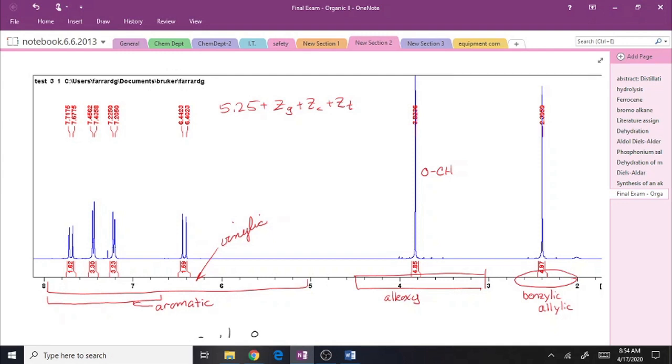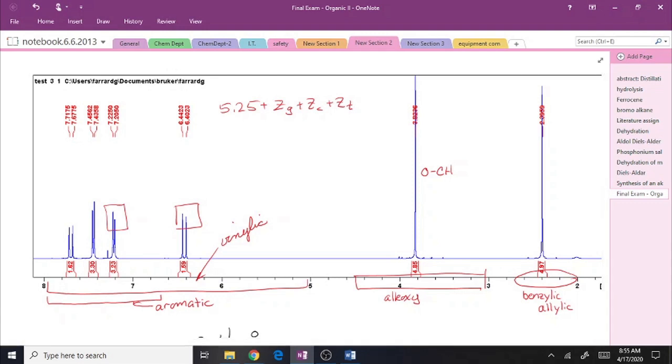Of course, you should be able to look at splitting and recognize what kind of neighboring environment the peaks are in. So we have a doublet here, tells us there is one neighbor, and so it is next to a CH. Likewise, this one is a doublet next to a CH.